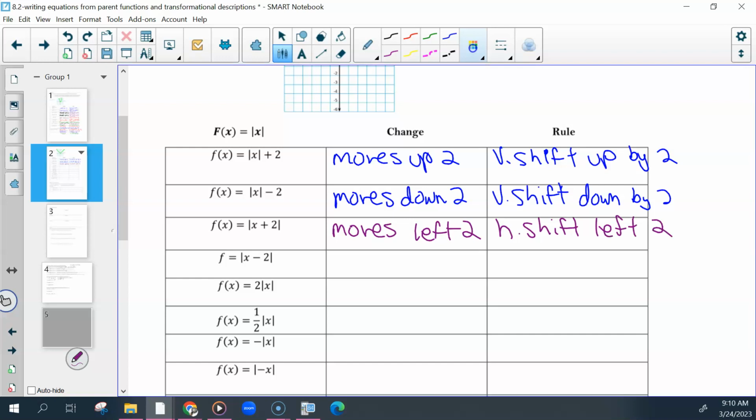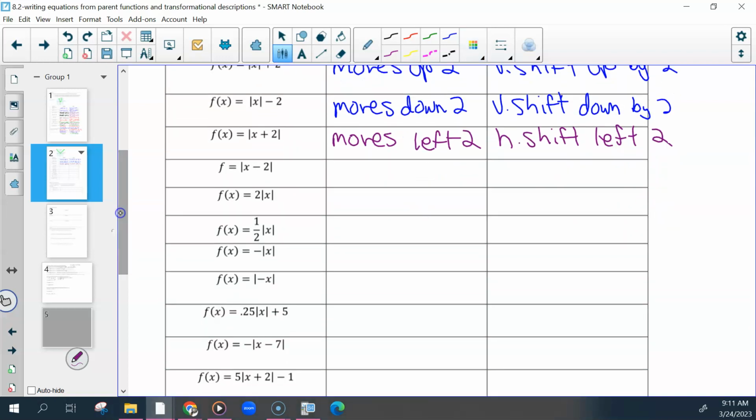And the next one. Moves right 2. So what would that rule be? Horizontal shift right 2.